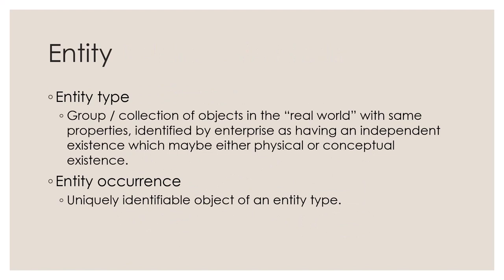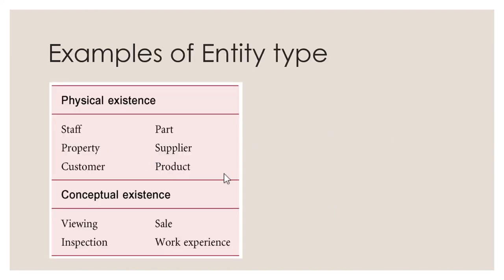An entity type is a group or collection of objects. We'll move on to some examples of entity types. There are physical and conceptual ones. Most of these entity types will be physical, things like student, faculty, property, customer, staff, product.